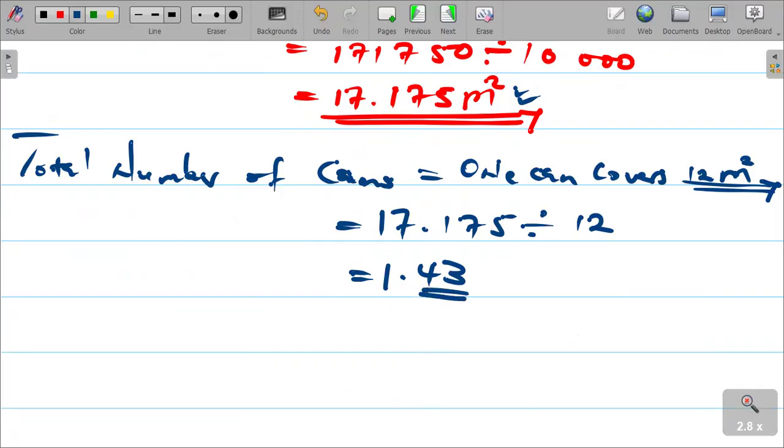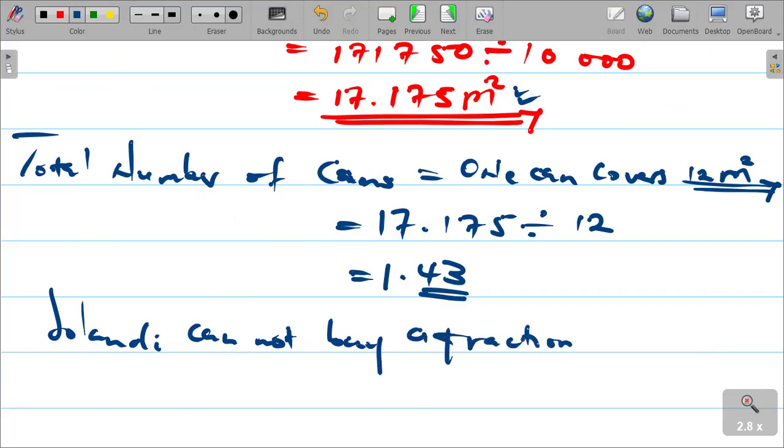You cannot buy the cans in fractions; cans are sold as full cans. So Jolati cannot buy a fraction of a can.